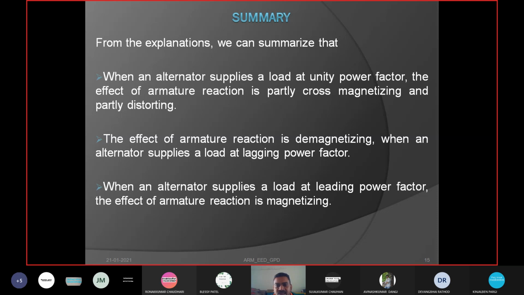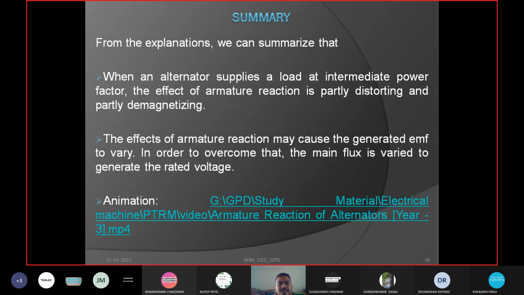When it supplies a load at leading power factor, the effect is magnetizing. And when it supplies a load of intermediate power factor, the effect is partly distorting and partly demagnetizing, that means nearer to leading it is partly distorting and magnetizing, and nearer to lagging it is partly distorting and demagnetizing.